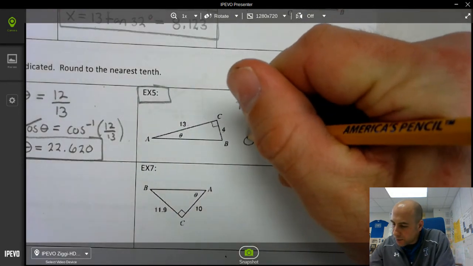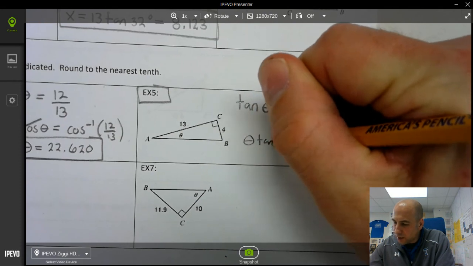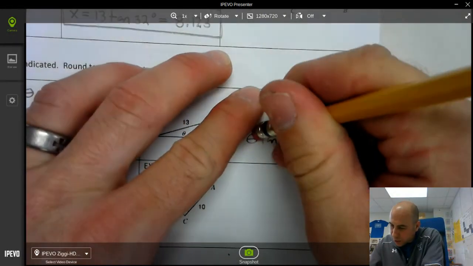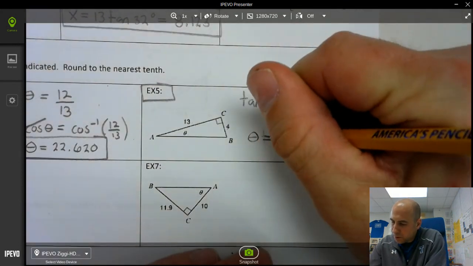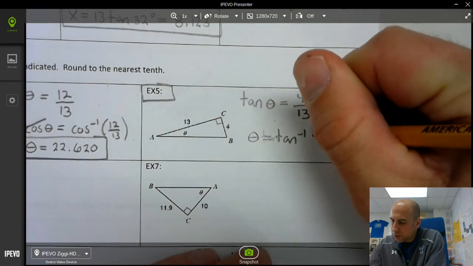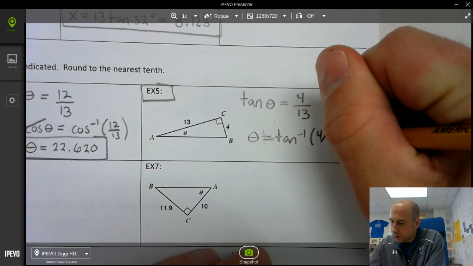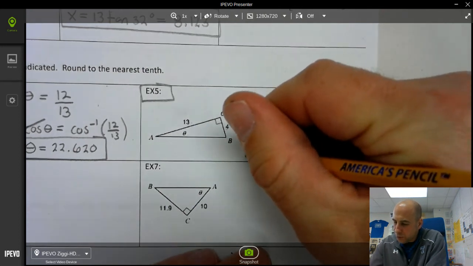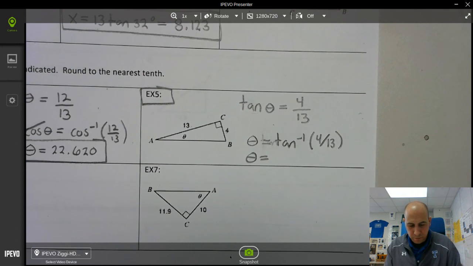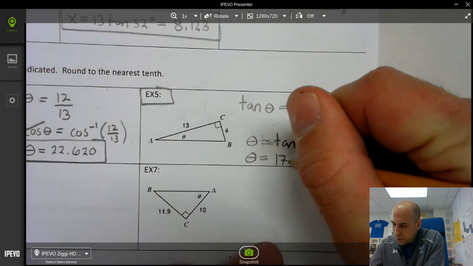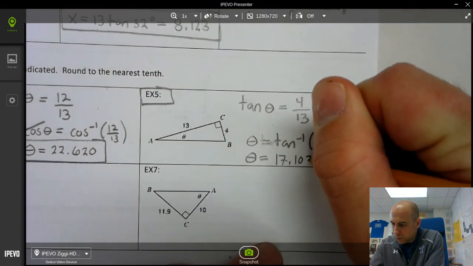So theta equals tangent inverse of 4 divided by 13. So theta equals 17.103.